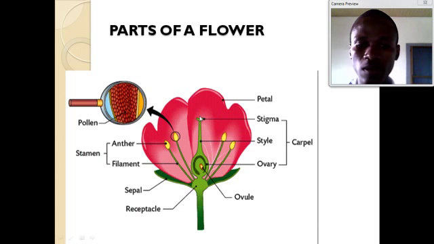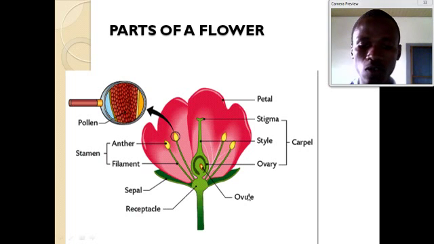We have stigma, style, ovary. These 3 together form what we call carpel.